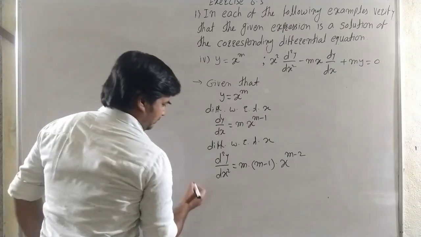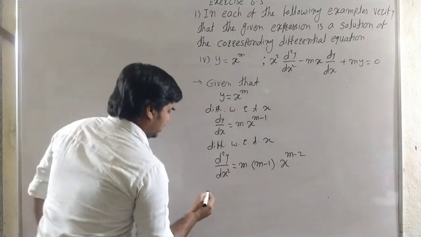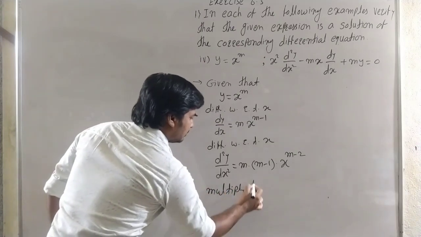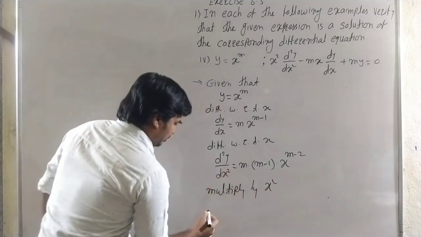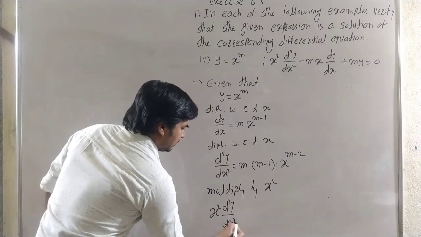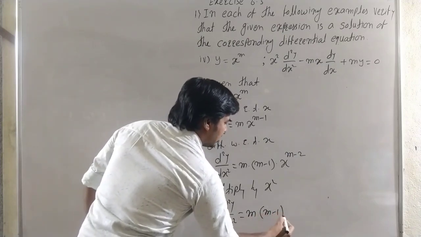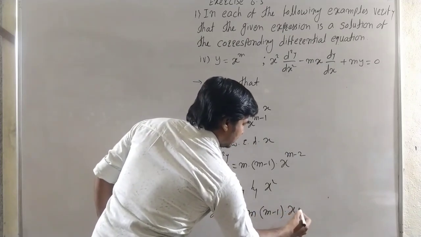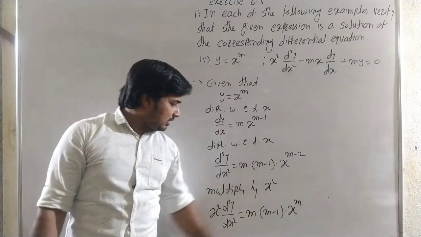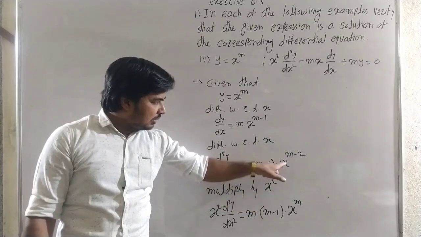Now here it is d2y by dx2, we multiply by x square. From this equation, multiply by x square, we get x square d2y by dx2 is equal to, see carefully, m into m minus 1 into x to the power m, see carefully this, it is m into x to the m minus 1, and here multiply by x square.